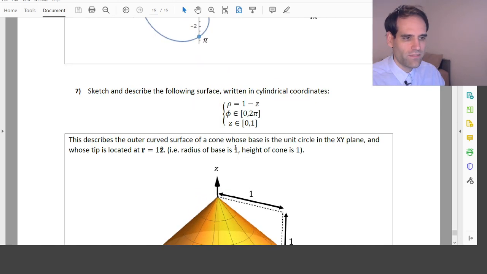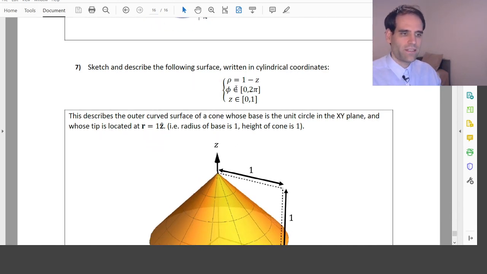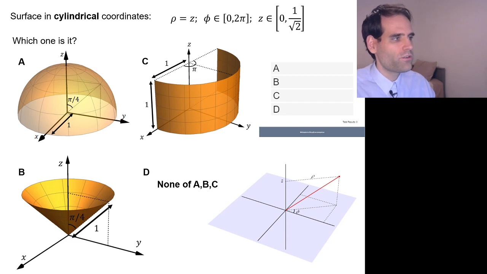These are all examples of different surfaces written in spherical or cylindrical coordinates. And be aware that during the live session, I will do a Poll Everywhere poll asking you this question. So rho equals z is the one we just did. I will ask you to see if you remember that.